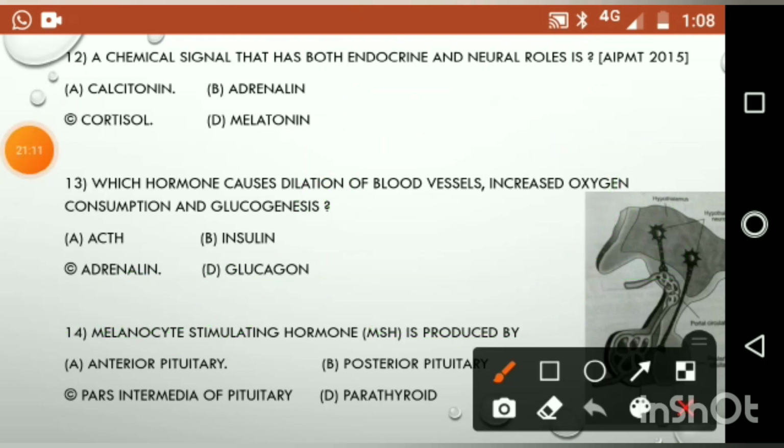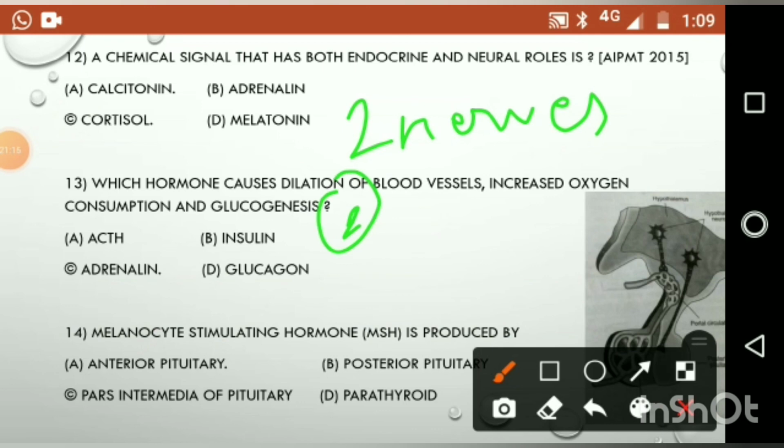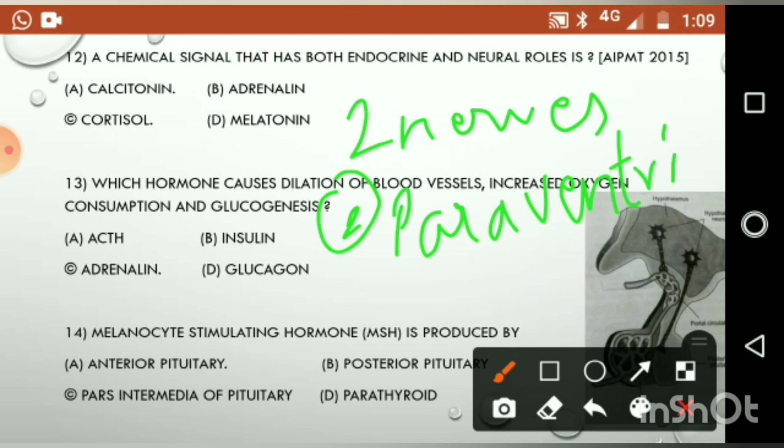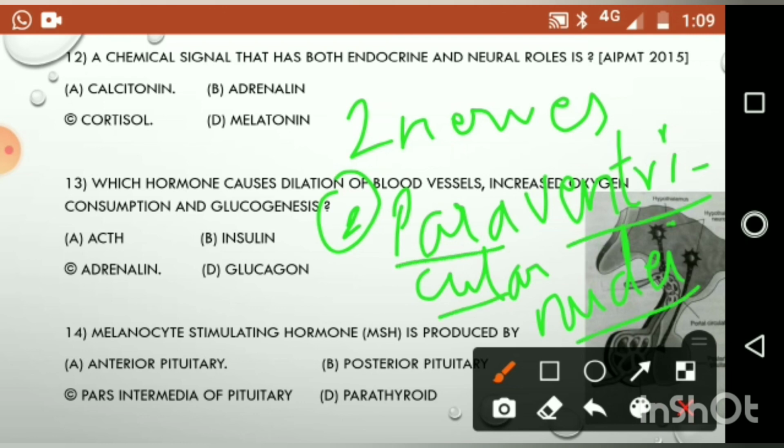Now your second nerve, which you have to remember, is the paraventricular nuclei. This nerve transports oxytocin from the hypothalamus to the posterior pituitary.